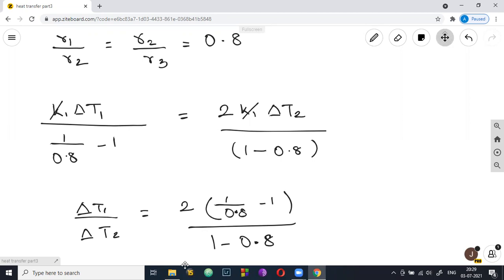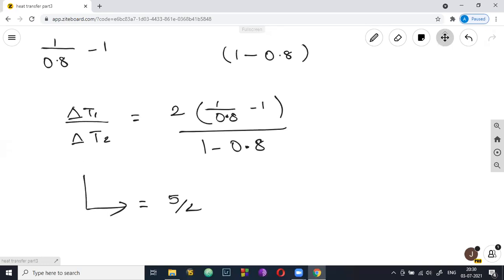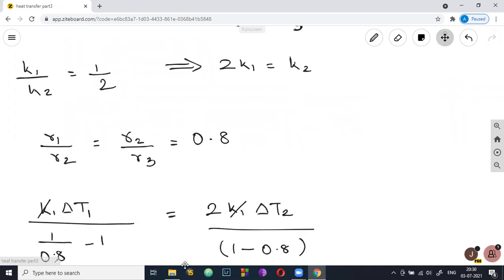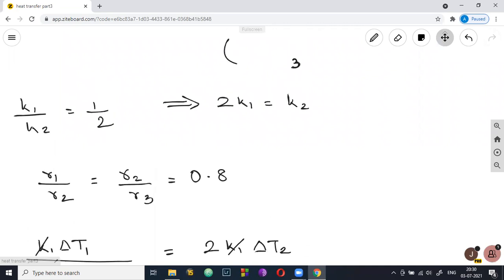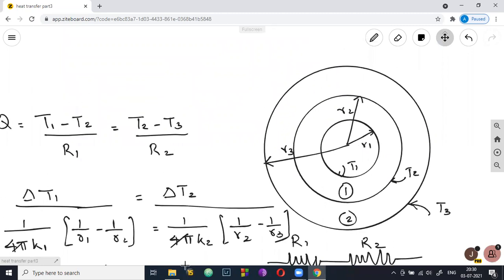You can solve it in a calculator, or you can solve it even manually, and the final answer comes out to be around 5 by 2. The answer comes out to be 5 by 2 or 2.5. So answer is option D.